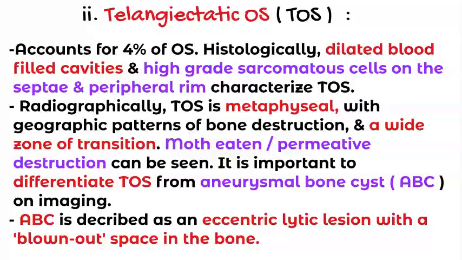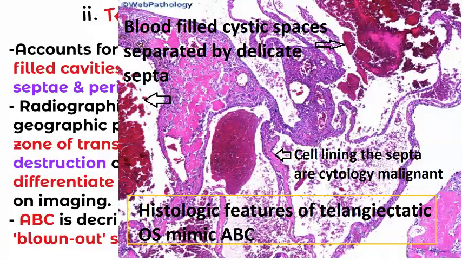This figure shows the histologic features of telangiectatic osteosarcoma that mimic aneurysmal bone cyst. You can see a blood-filled cystic space separated by delicate septa. There are also cells lining the septa that are cytologically malignant.